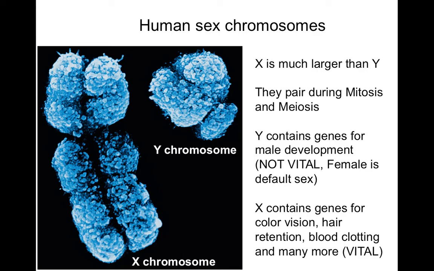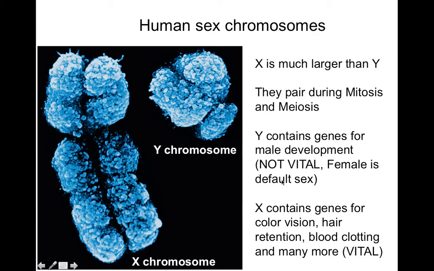All right, again, the X and the Y chromosome look very, very different. But there's a region whereby they pair up, so it appears to be the same during meiosis. But the X is much, much larger than Y. Why is that? Because Y only carries information for becoming a male. All the rest of the information that's carried on the X is not carried on the Y. So there's a lot of information that the X carries that the Y does not.